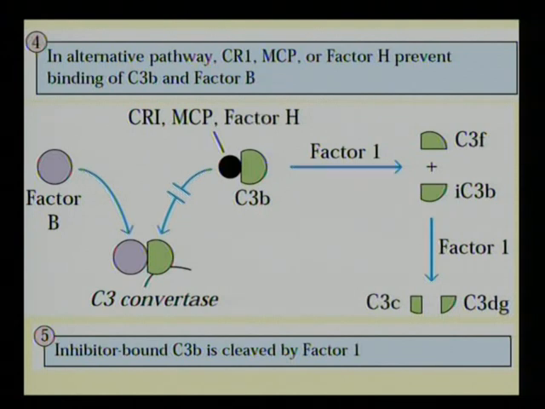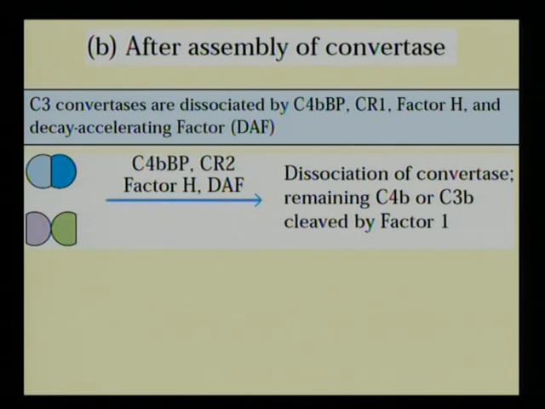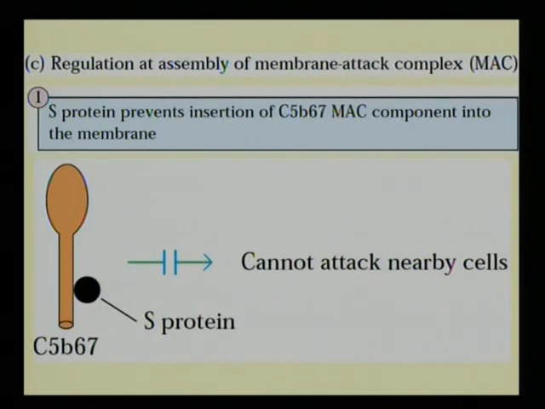So C3b is a component of the alternative pathway, and the same thing happens over here also, with prevention of the complex by C4b binding protein, CR1, factor H, and DAF, that is decay accelerating factor. Once the assembly has taken place, then DAF, decay accelerating factor, carries out dissociation of this complex, and no activation of C5 convertase occurs.